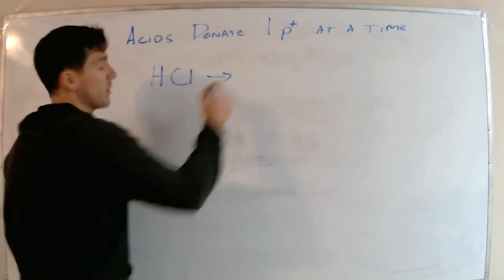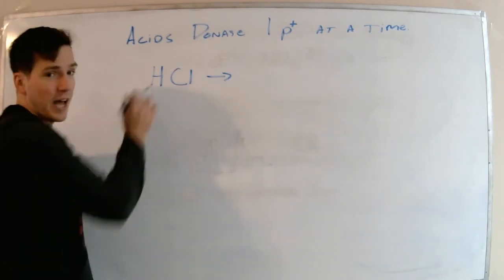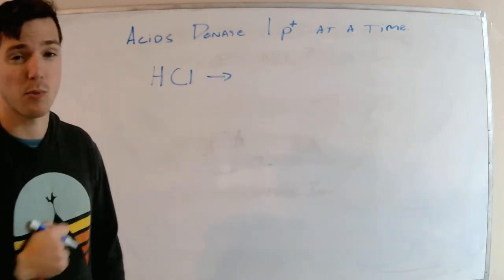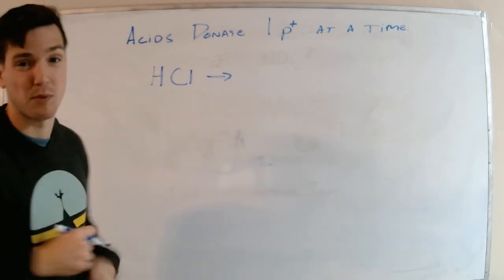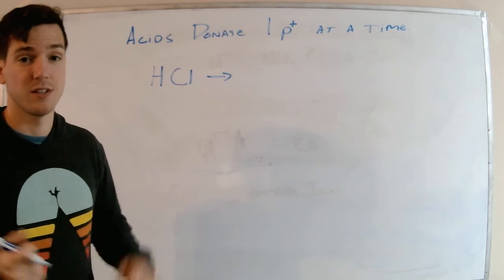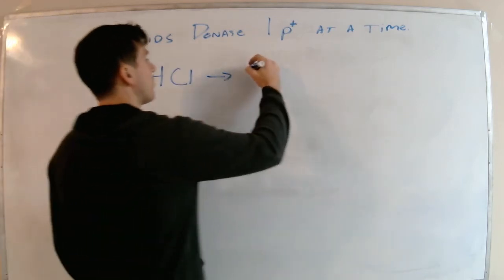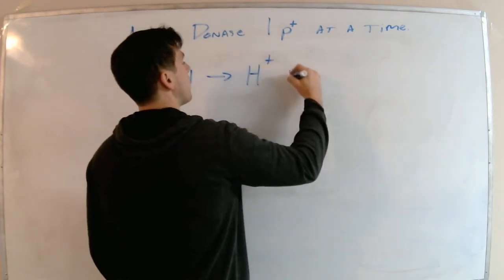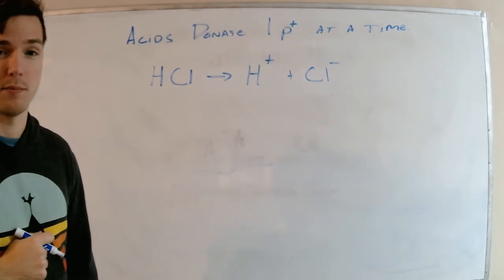This is known as a monoprotic acid. It only has one hydrogen. So when you hear monoprotic, that means it only has one proton it could donate. So when it dissociates, as an acid does, it's going to be H+ and Cl-. It got rid of its one proton.